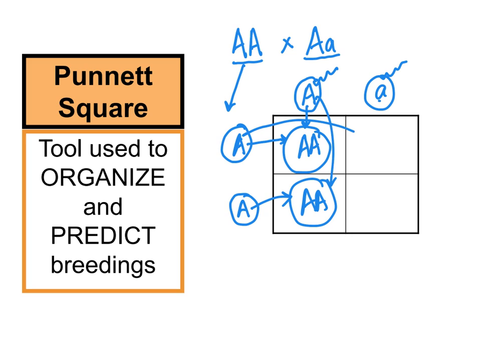If this egg and this sperm get together, then we will have a big A, little a, or heterozygous combination. And if this egg and this sperm get together, we will have a big A, little a zygote combination. So each one of the squares represents the fertilization that would result, and it's very clear to see that both meiosis and fertilization are represented here.